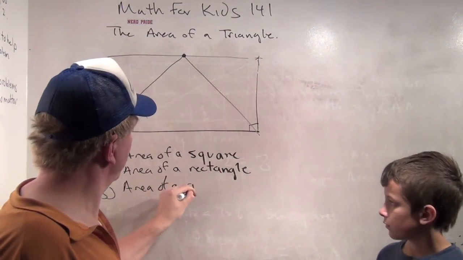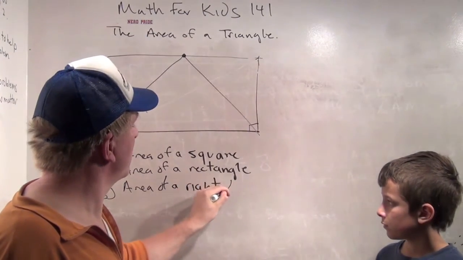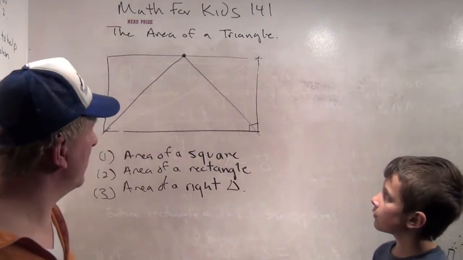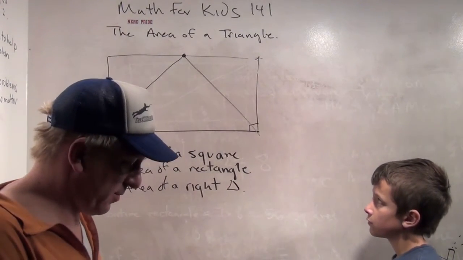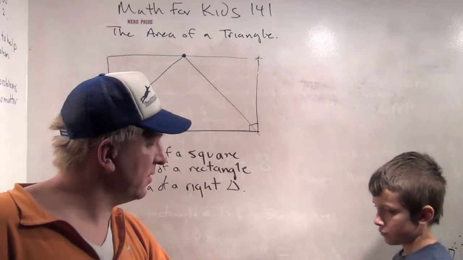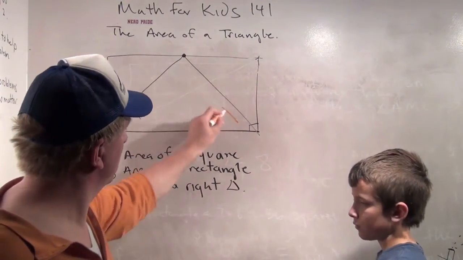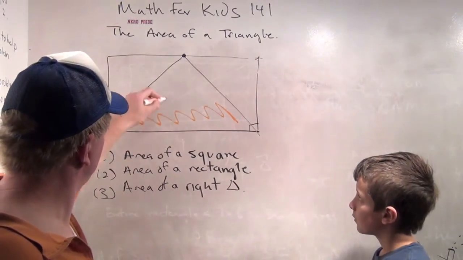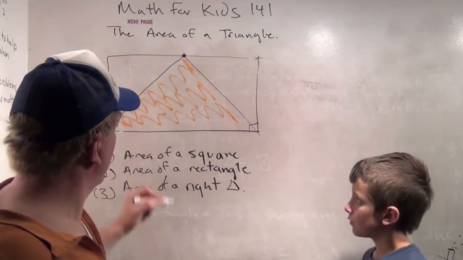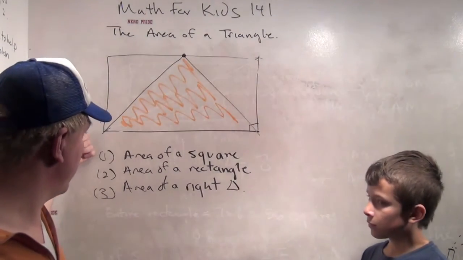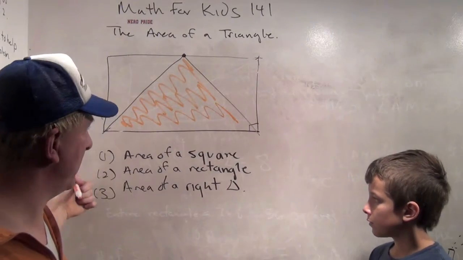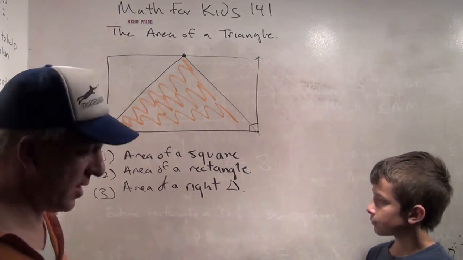Okay, so can we figure out how to compute the area of this orange triangle using our 3 rules that we know? Area of a square, area of a rectangle, and the area of a right triangle.